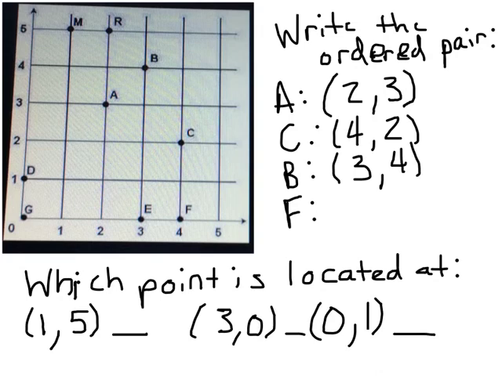What's the ordered pair for point F? Well, point F is 1, 2, 3, 4 over on the x-axis, and it doesn't go up on the y-axis. It stays at 0. So the ordered pair for point F is 4, 0. Now think about it.